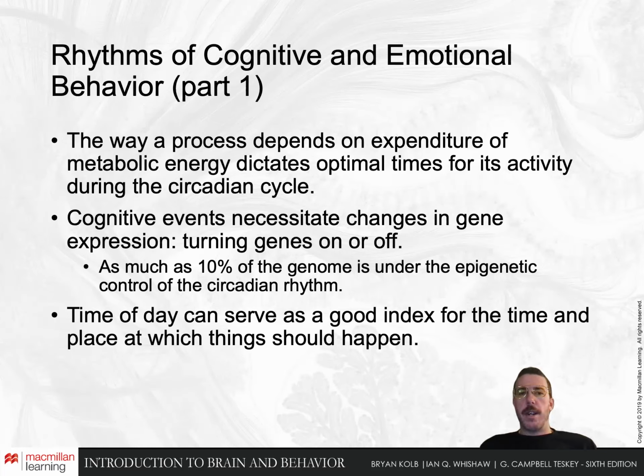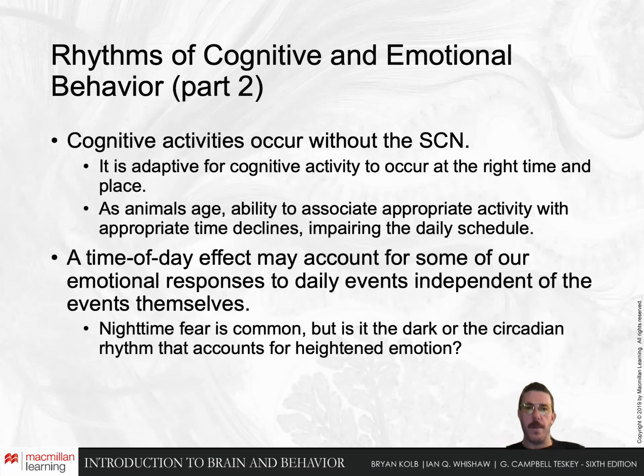And one interesting aspect of this is that this is controlled by genetic switches. So throughout the day, our genetic expression can change in the day and the night. Some of our cognitive activities can occur without influence by SCN rhythms, but it is generally adapted for our activity to occur at the right place and time.